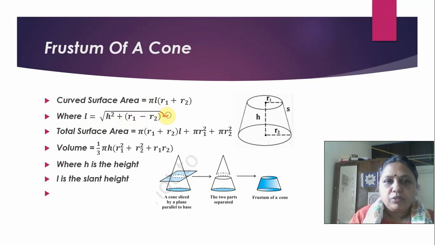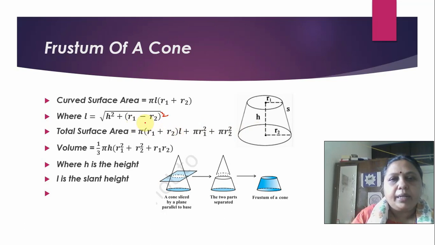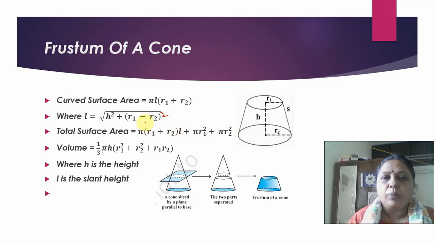Here we have a square root. Okay, r1 minus r2. Here the lower circle is R1, the upper circle is R2. The total surface area of the frustum of a cone is pi into R1 plus R2 into L plus pi R1 squared plus pi R2 squared.